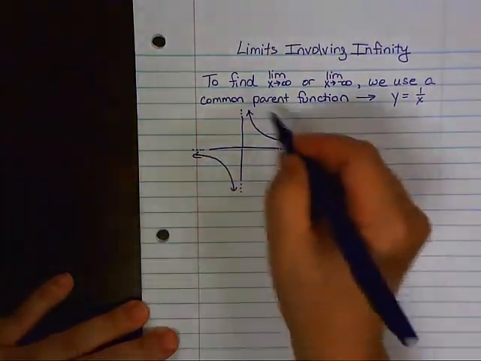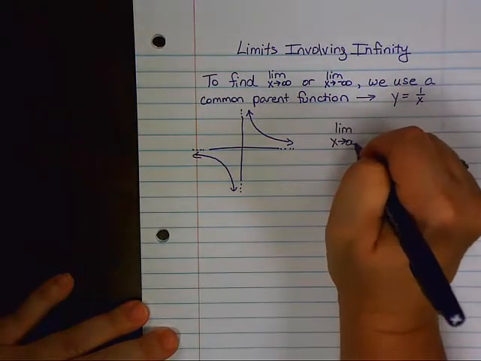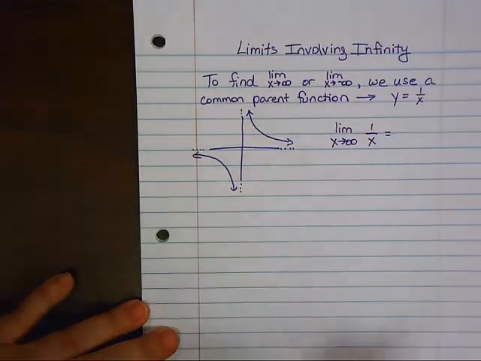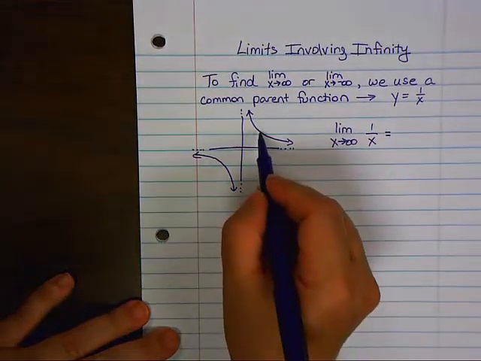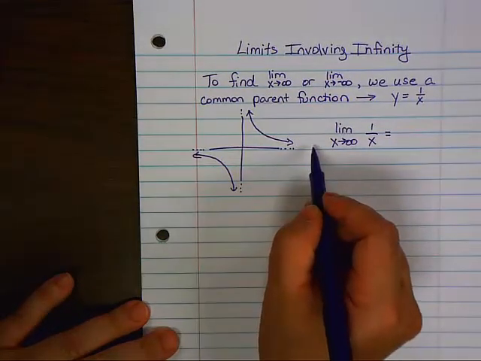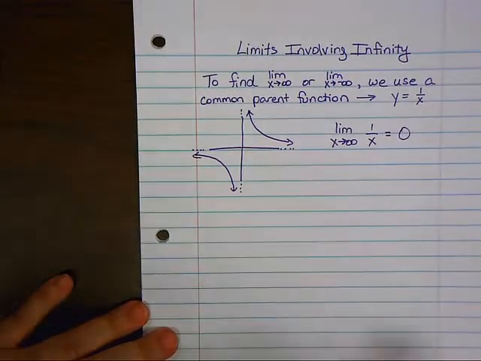Now, taking a look at this graph, can you tell me the limit as x approaches positive infinity? Now that I have a graph in front of me, it's a little bit easier. Looking at that graph, as I go to the right, because remember approaches positive infinity is to the right, what are the y? 0. Exactly.